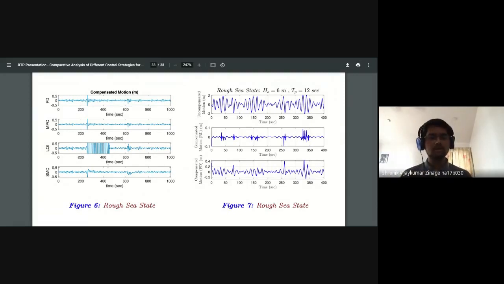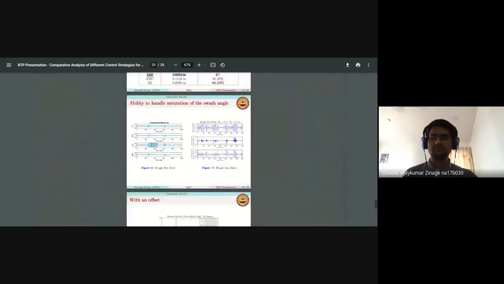It wasn't able to regain its compensation power for a reasonable duration. Similarly, on the right side, the first plot shows the uncompensated motion, the second plot shows the compensated motion with the RL controller, and the third shows the PD controller. Over here, the RL controller also faced saturation at some time instant, but it regained its compensation ability as time passed. Okay, so yeah.